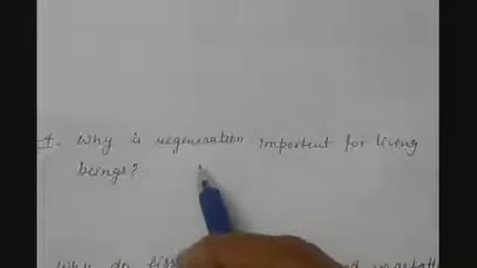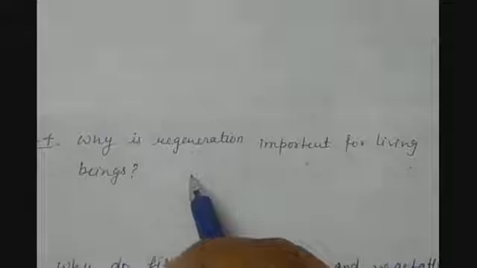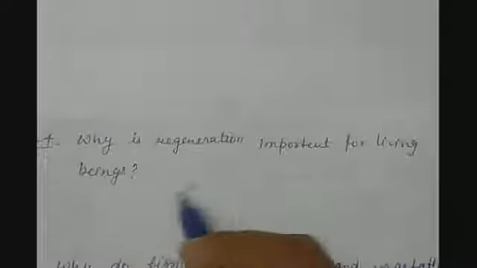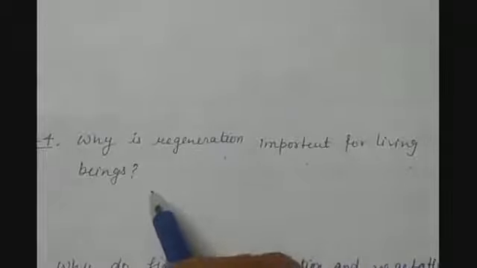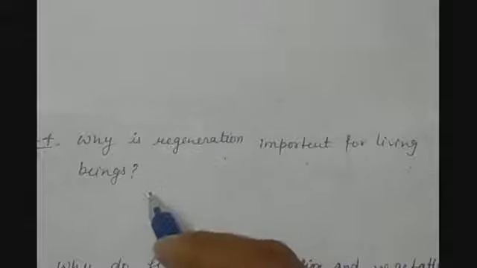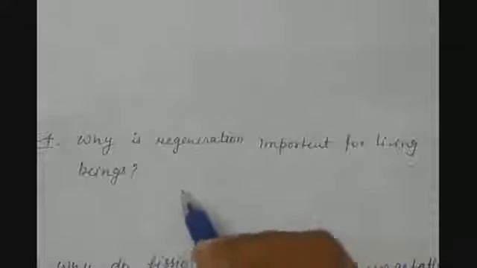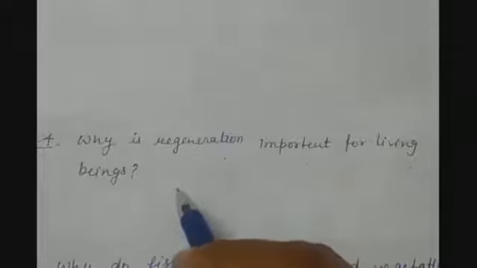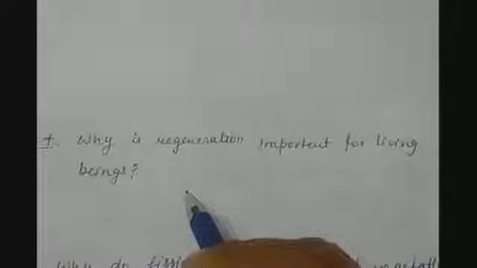Regeneration is important for all kinds of living beings, including human beings. For example, the liver can be regenerated. Whenever there is some damage or some loss in the parts of the liver, then the liver can regrow the damaged parts. So this is very helpful for us.